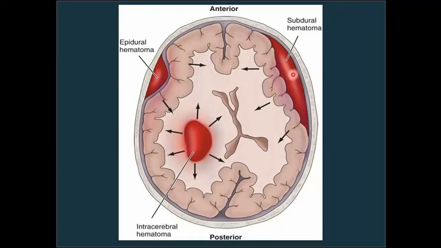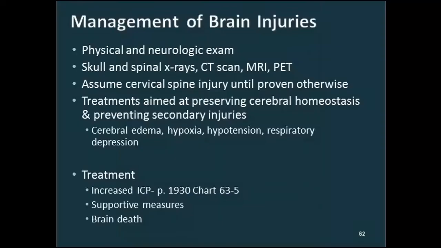But again, it's not as easy to get to as an epidural hematoma, but it's still easier to get to. This is our intracerebral hemorrhage, which is inside, smack dab middle of the brain. Hard to get to. And as you can see, the bigger it is, the more effect it's going to have on the surrounding structures. So just a good visualization of these different types of bleeds.